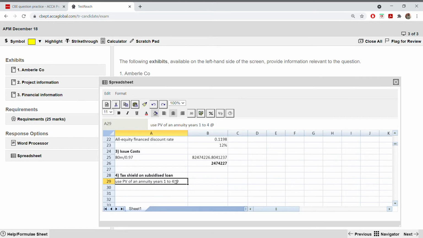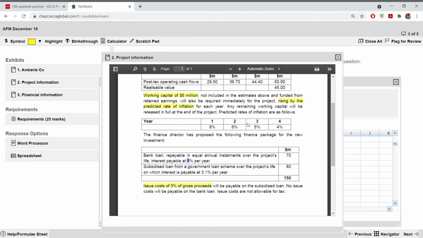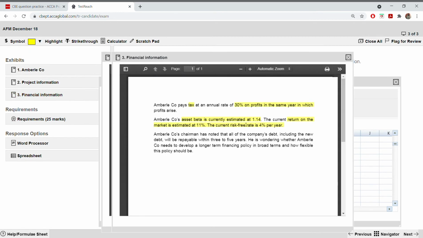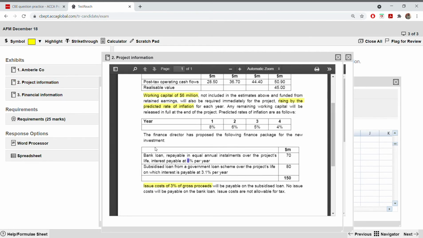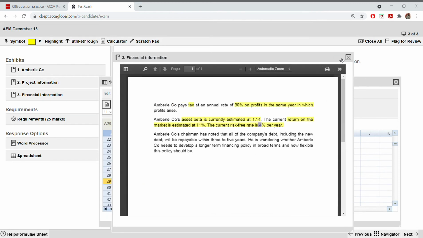You can even use other rates also, but if you use, for example, the risk free rate of 4% you were given previously, then you have to justify. I mean, you have to give your assumptions why. Here they have used the normal interest rate, right?